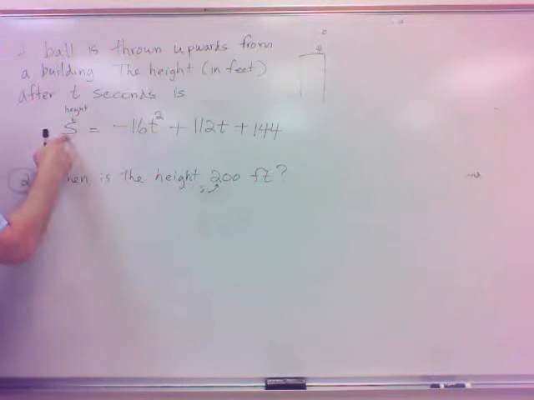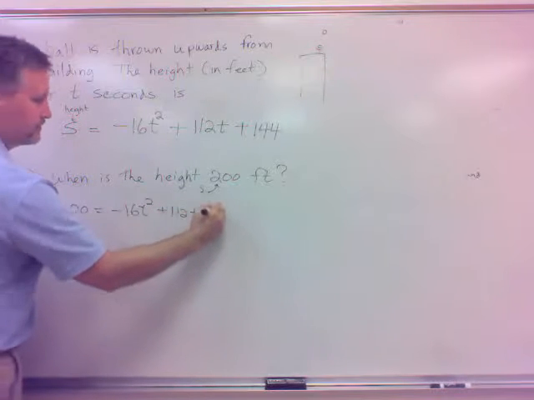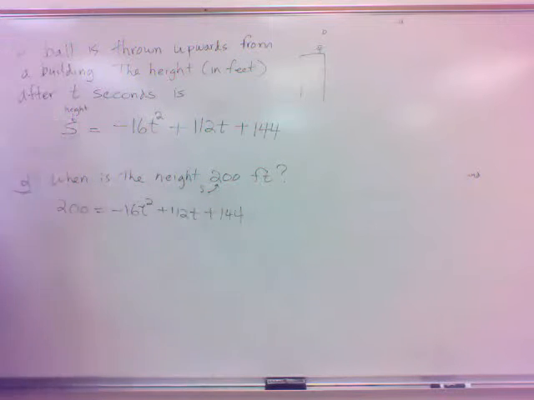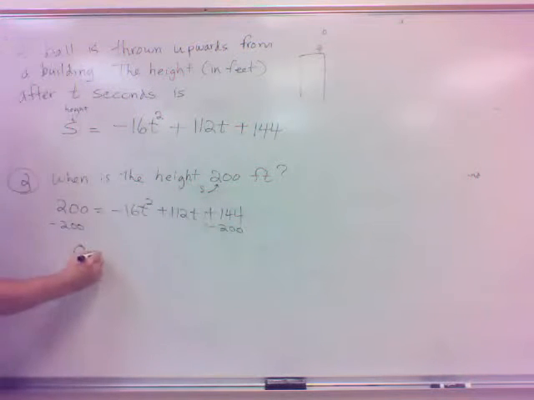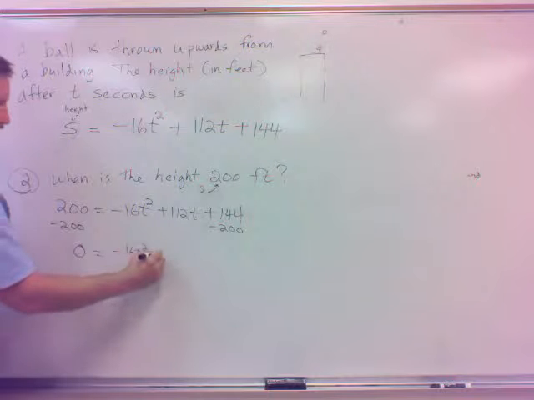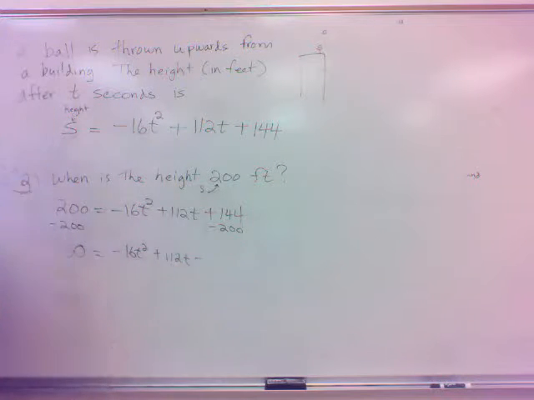So I've got to replace the S by 200. Same deal though, I've got to make one side 0. So I wind up with 0 equals negative 16t squared plus 112t minus 56.